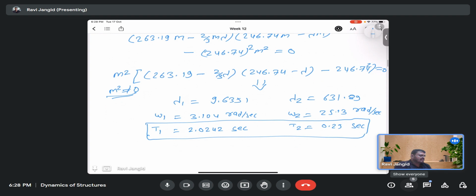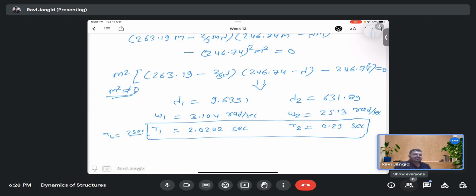So we can observe, our base isolated time period was what? TB was what? 2 seconds. We can say that as the SDOF time period we can take. So our time period of the first mode is 2.024. It is increased a little bit.